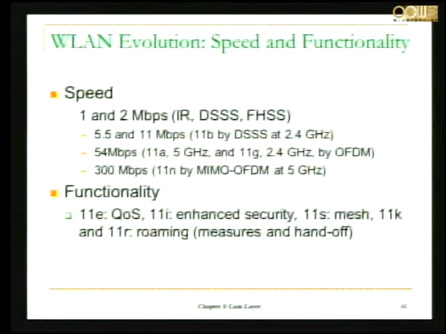I just mentioned the difference between mesh. Mesh is a kind of combination between infrastructure network and ad hoc network, and it's defined in 11S. 11K and 11R are about roaming, addressing the measures and handoff procedures, respectively.